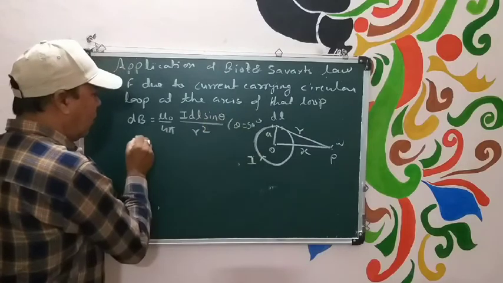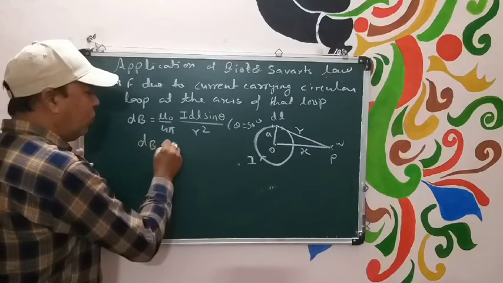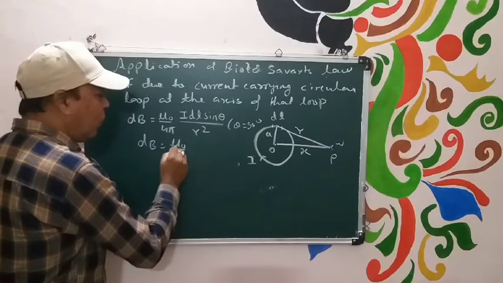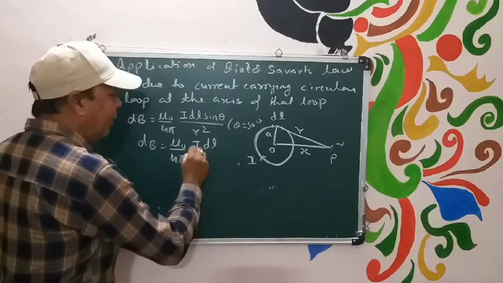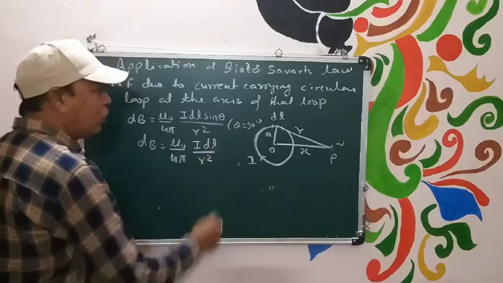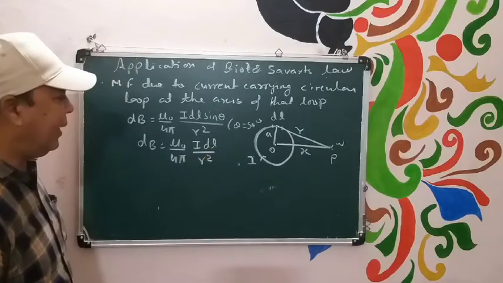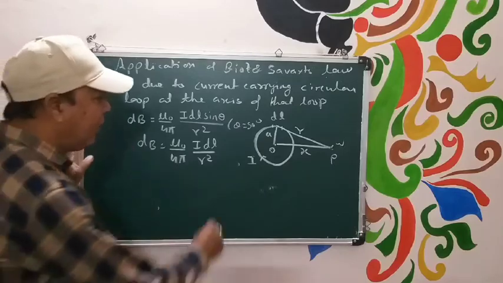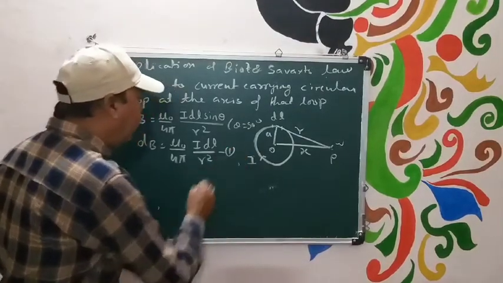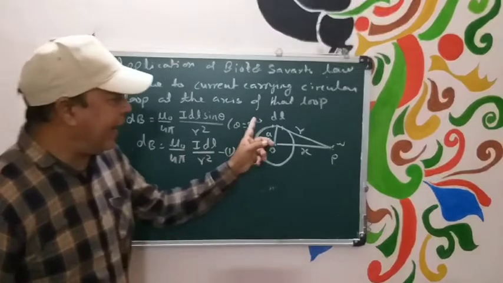So now you will find dB is equal to mu naught upon 4 pi I dl by r square. Is that clear? This is the value of dB at point P.